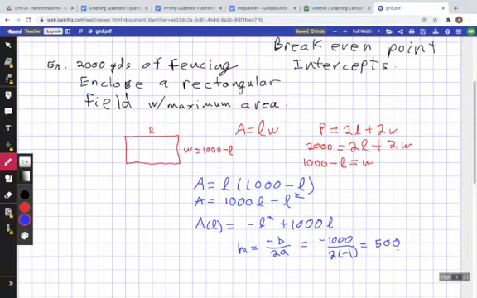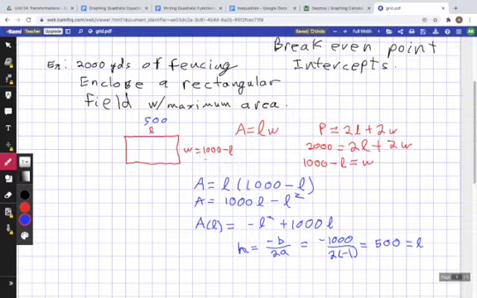Now, this 500 is the H coordinate of our vertex. This 500 is a length value. So we know that this is 500. Now we can find the width.